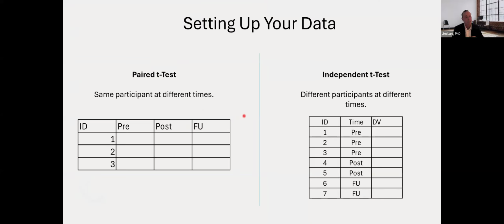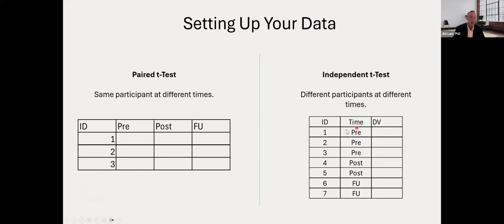Data setup, another confusing point for people. If I have paired data or one-shot data collected at one time, you're in this world here, which is every individual is on a row and all of the data is on a row. And that's the only thing that you're doing. Other types of data is I have different groups of people.